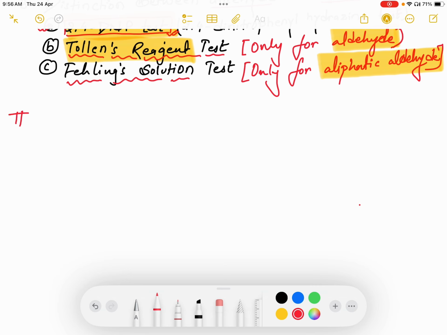So what exactly is the Rosenmund reduction reaction?